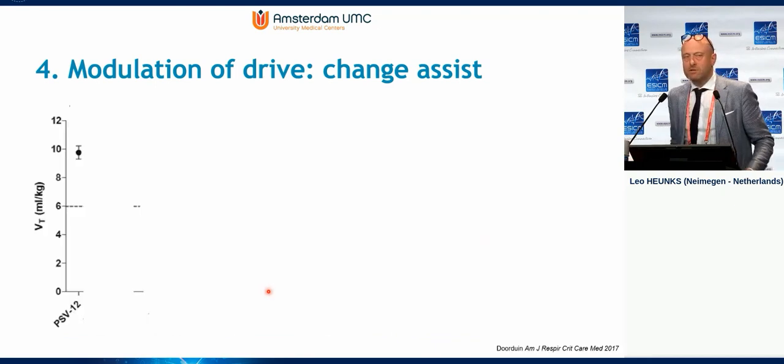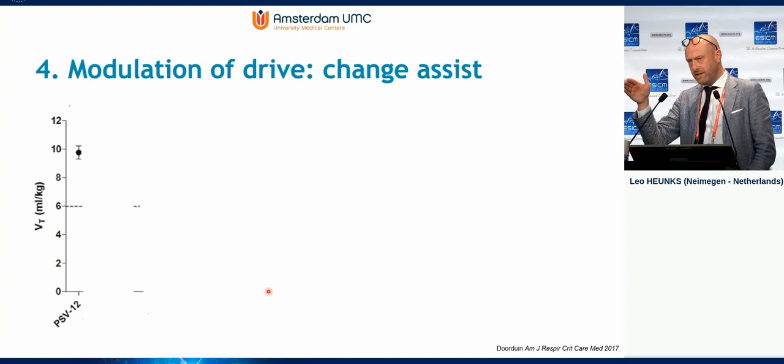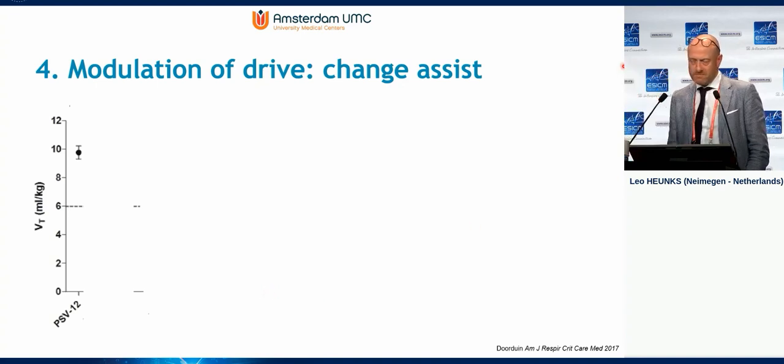And that's exactly what we did in this study published in the Blue Journal last year. These were patients recovering from ARDS on pressure support of 12, as you can see right here, but generating high tidal volumes. So as most of us would do, as we did in this study, we reduced the level of pressure support from 12 to 6.